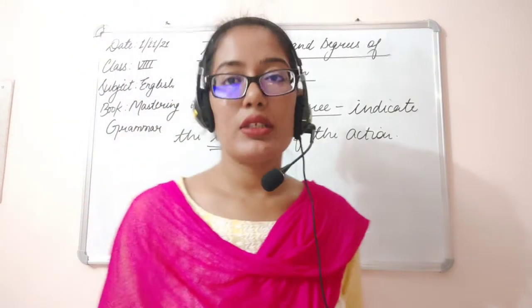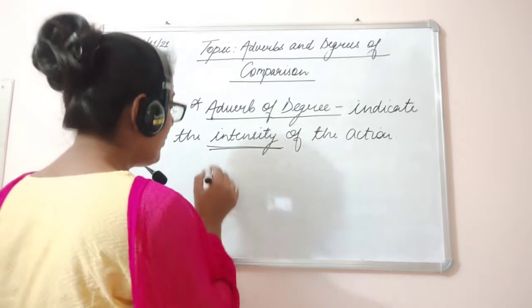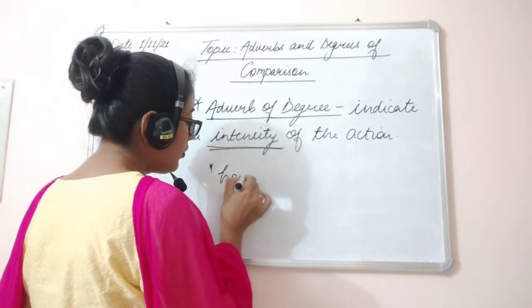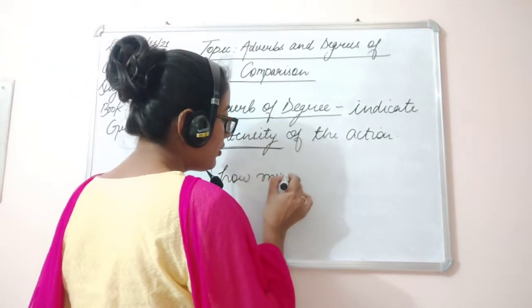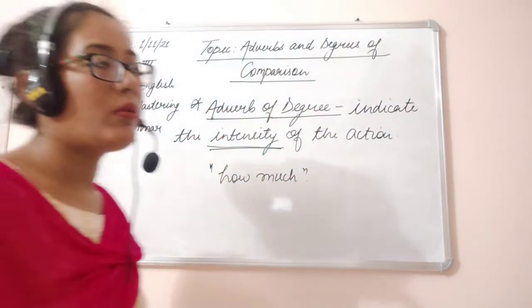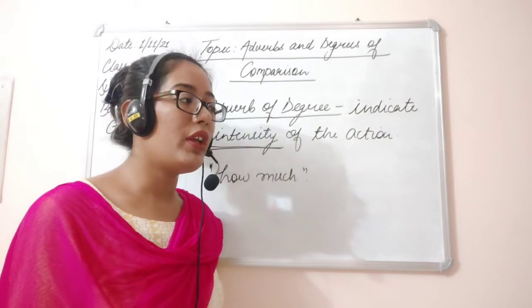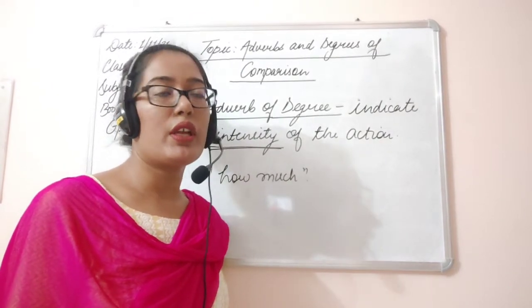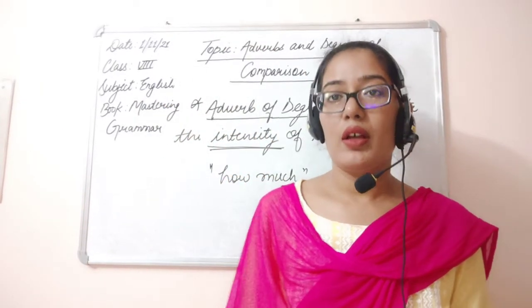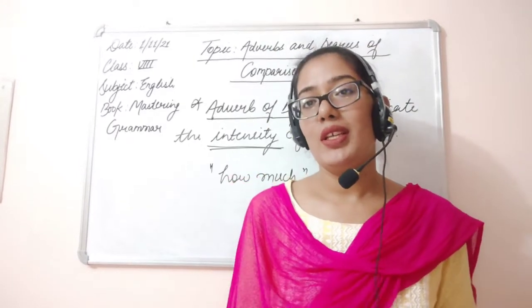You get the answer of adverb of degree from how much. So when we were talking about adverb of time, you get the answer from when. When we were discussing adverb of place, you get the answer from where. And adverb of frequency, you get the answer from how often.